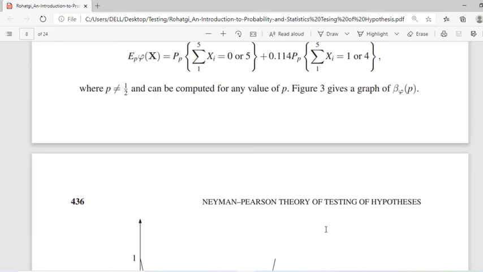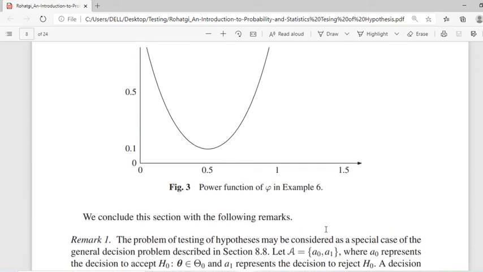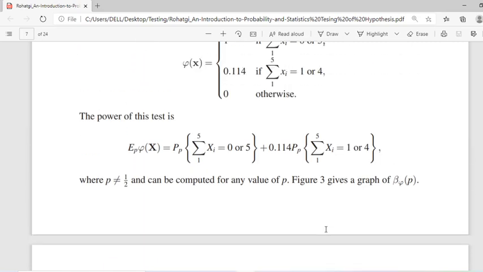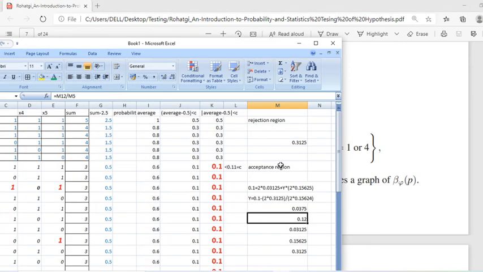So this is the power function. Let us look at the power function value for p is equal to 1 by 4. What will be the power function value for p is equal to 1 by 4? How can we find out the probability? It is not given here.